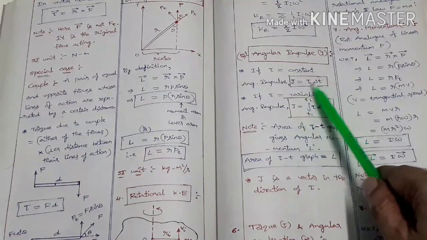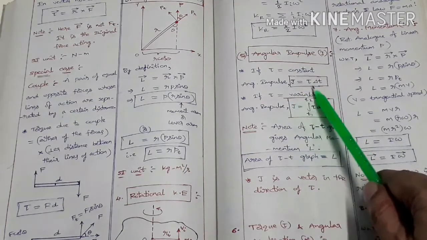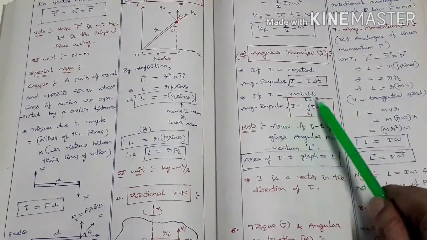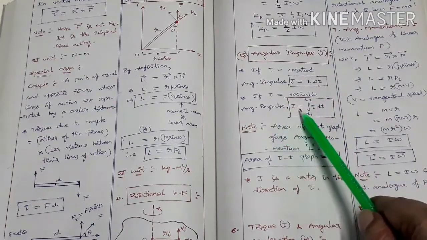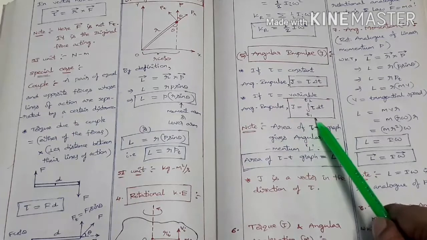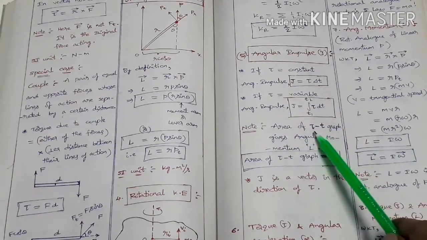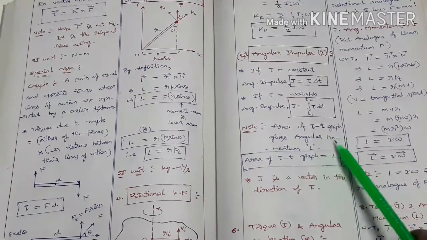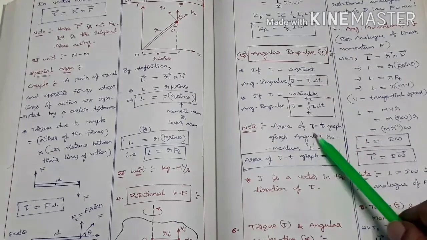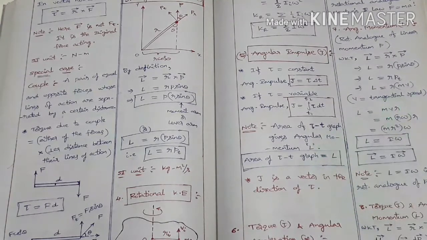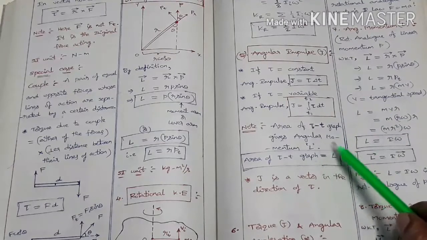If tau is variable, then angular impulse J equal to the integral from T1 to T2 of tau dt. Note here, the area under the torque-time graph gives angular momentum L, while the area under the force-time graph gives linear momentum P.